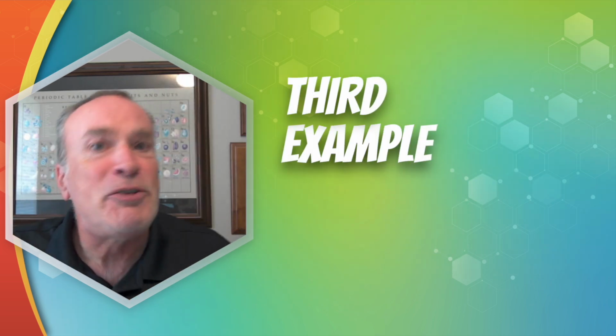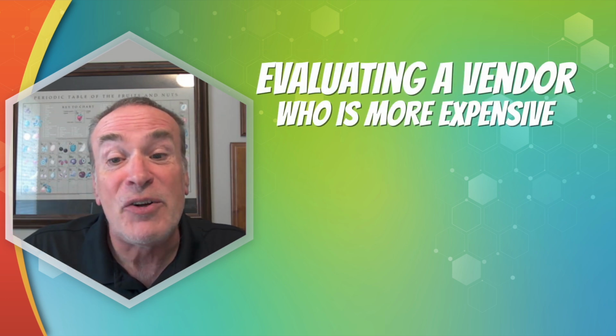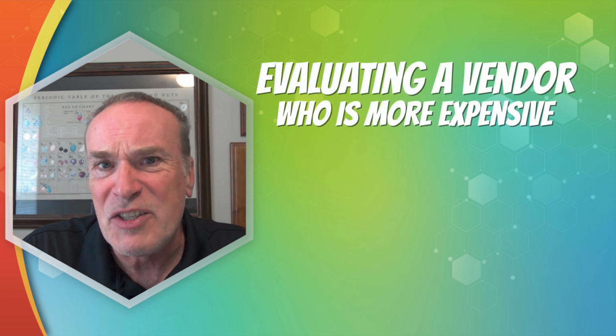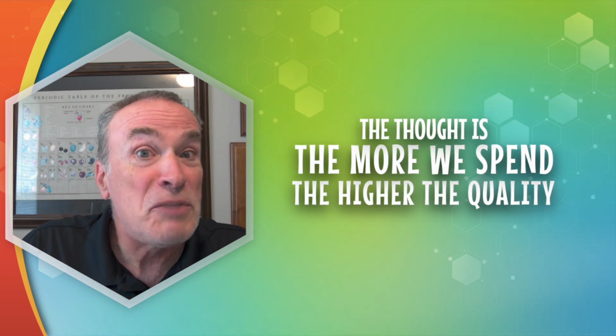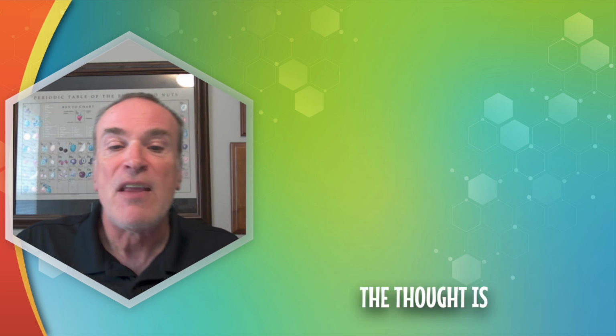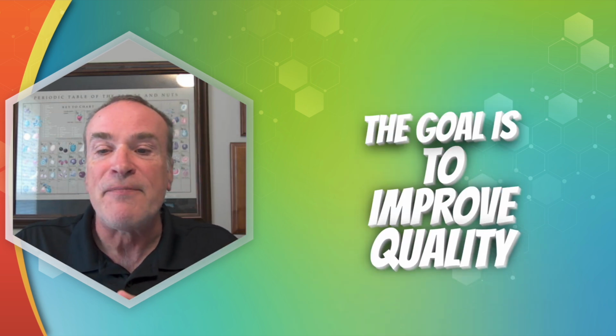Let's turn that all into a third example. This time you're evaluating a vendor who's actually more expensive. The thought is, the more we spend, the higher the quality. And the goal is to actually improve quality.